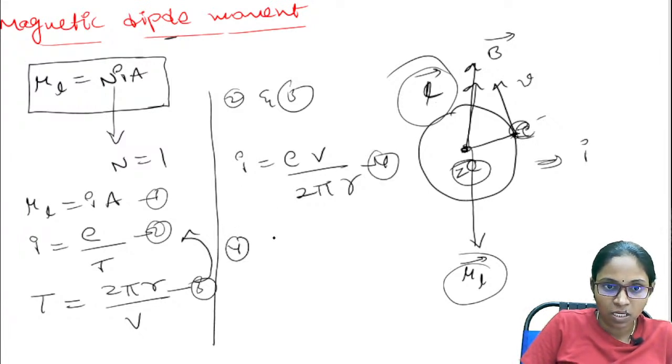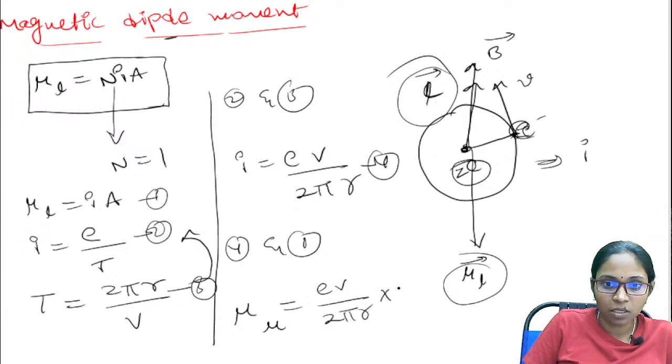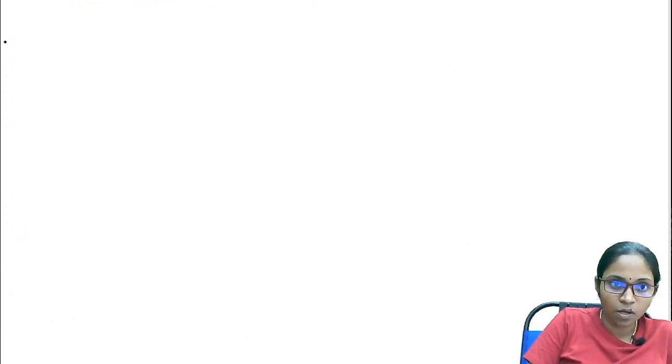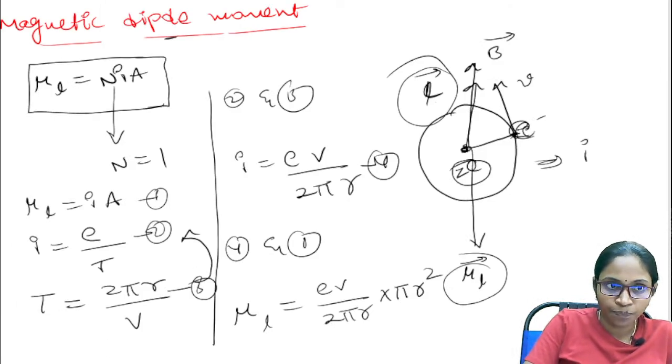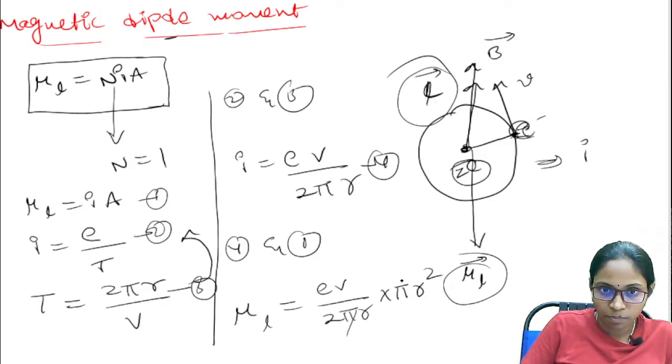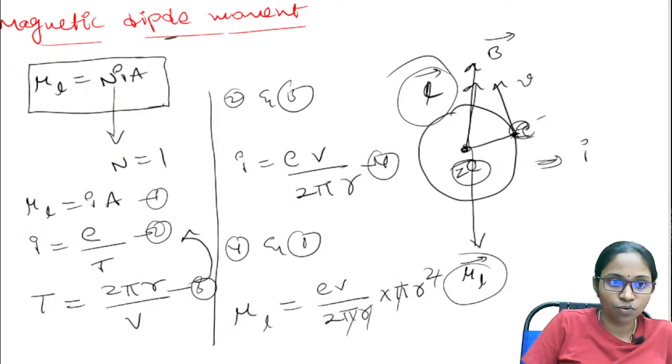From equations 4 and 1, the magnetic dipole moment mu L is equal to I times area, that is E V by 2 pi r into the area of the orbit, pi r square. It is a circular orbit, right? Therefore, this magnetic dipole moment mu L is equal to, you just cancel out pi r and r, therefore E V r by 2.